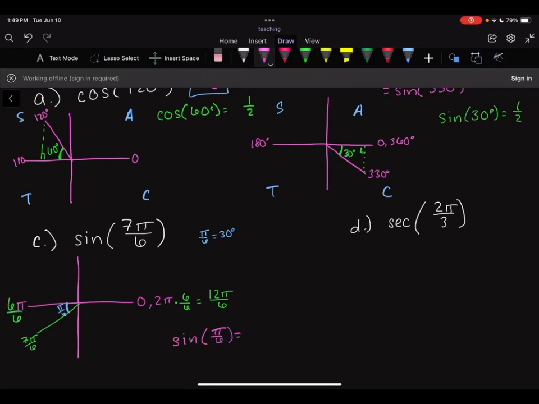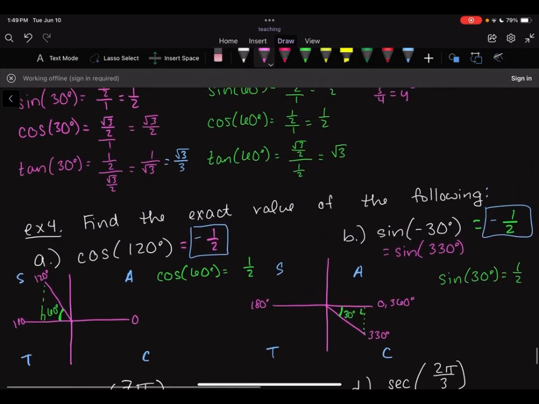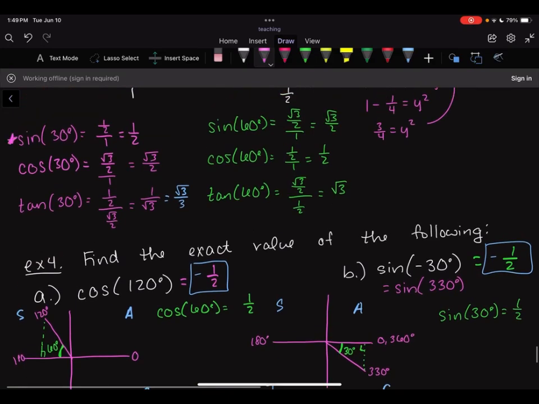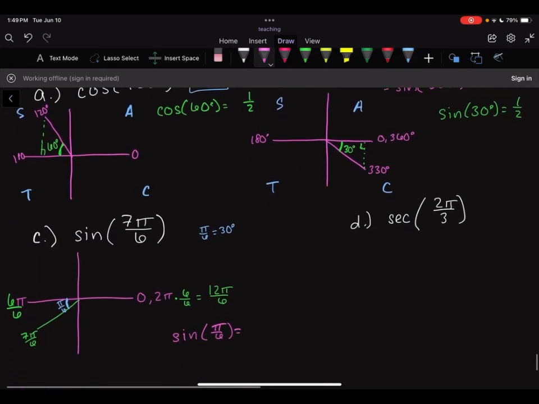Come up here. All right, it is 1 over 2. So that means that this is also going to be 1 over 2. But it's in quadrant 3, and sine is negative in quadrant 3.